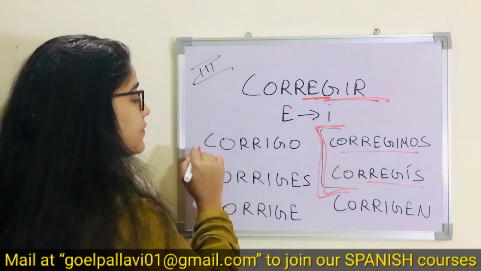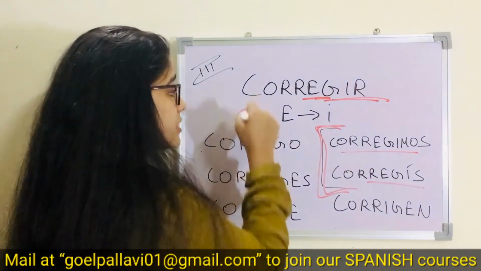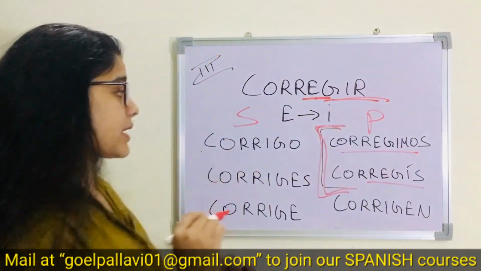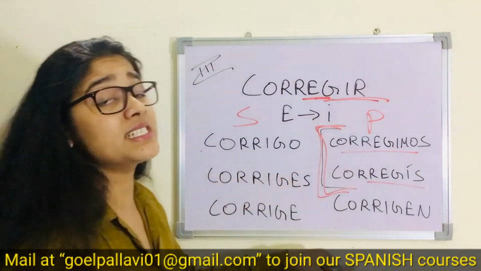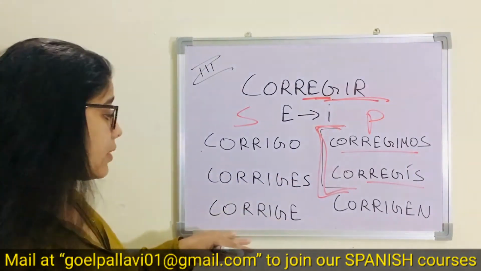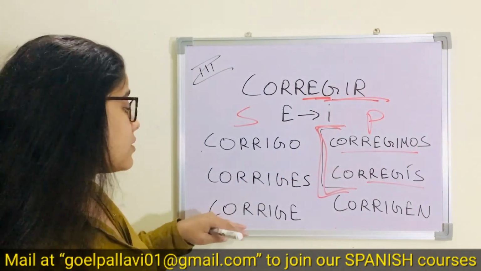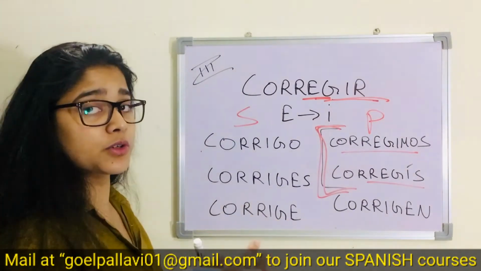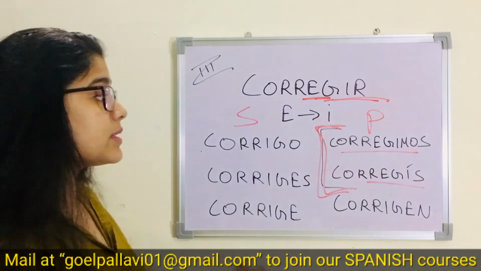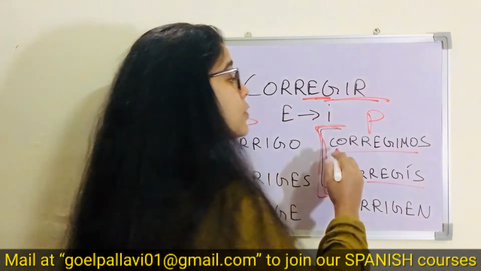For the first person singular, these are the singular forms, these are the plural forms. Corrijo, I correct. Corriges, you correct. Ella, usted corrige. Third person, ella, usted, you in the formal way.